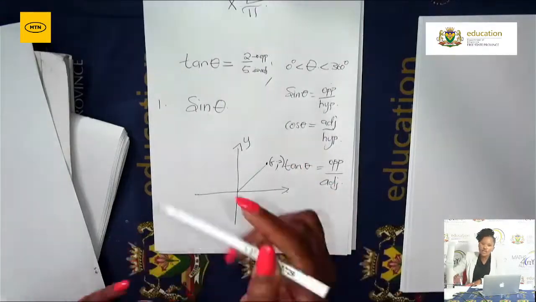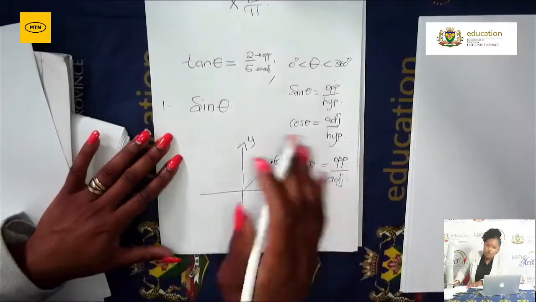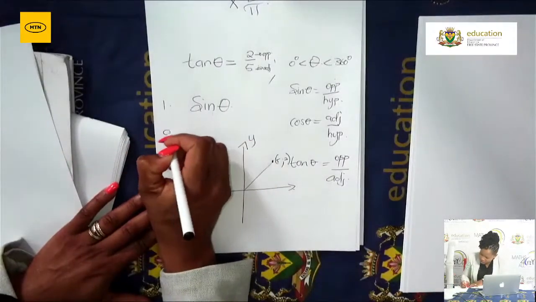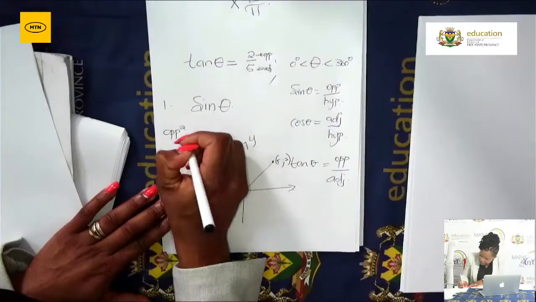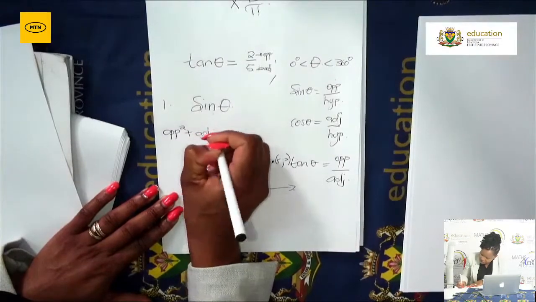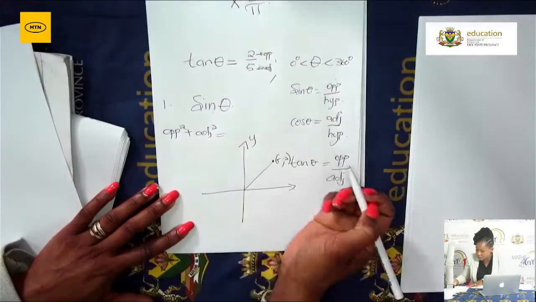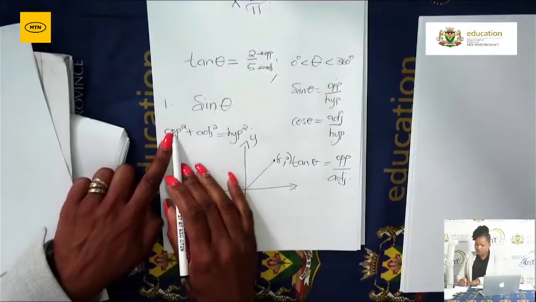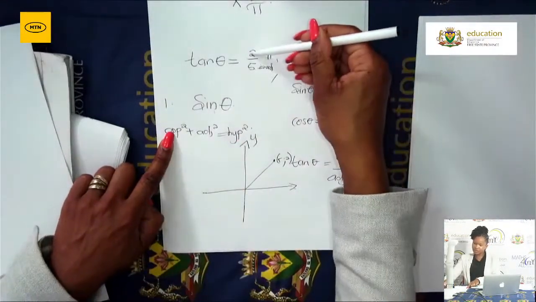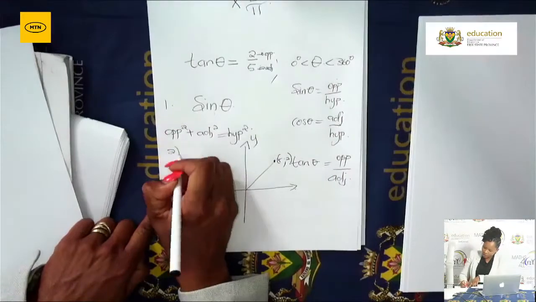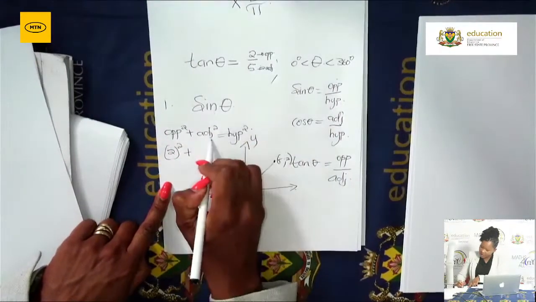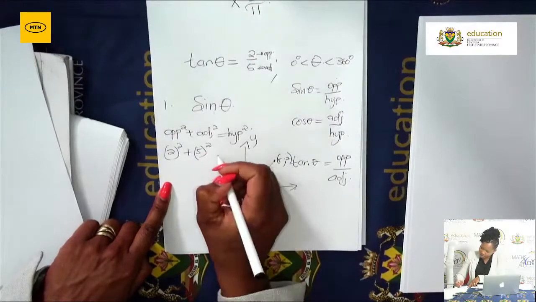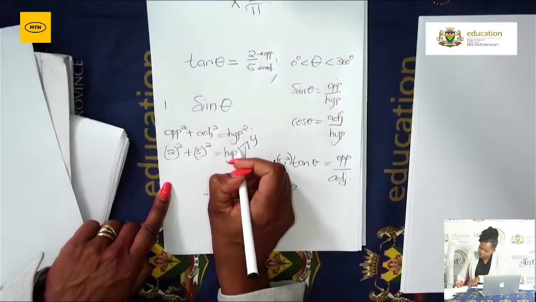Now, to calculate the missing side, you use the theorem of Pythagoras. Remember, the theorem of Pythagoras is opposite squared plus adjacent squared equals hypotenuse squared. So opposite is given as 2, so you'll have 2 squared plus adjacent, which is given as 5, plus 5 squared equals your hypotenuse squared.